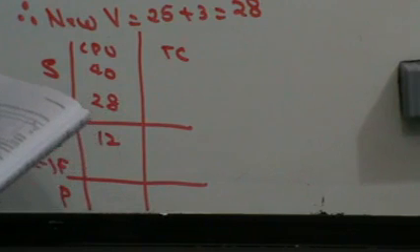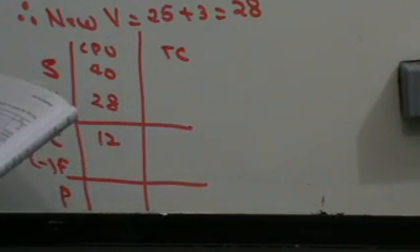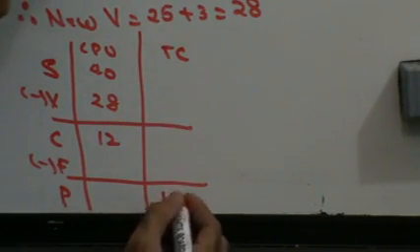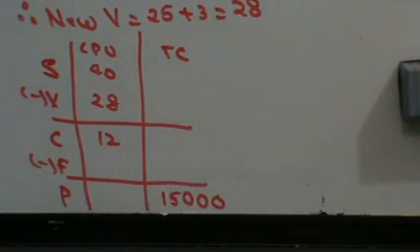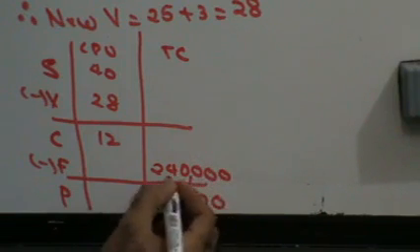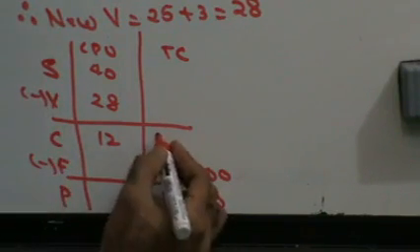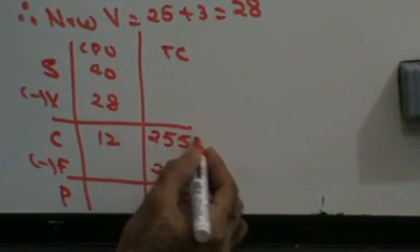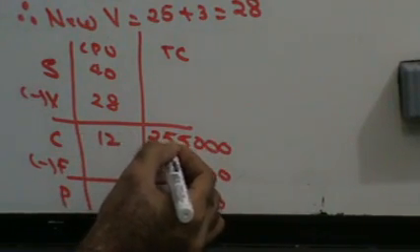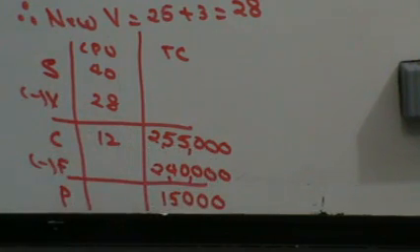Now they are saying to find out the number of units to be sold. How many units should be sold to earn a net income of 15,000? I want to earn an income of 15,000 rupees. We know that fixed cost remains the same. So fixed cost will still be 2,40,000. If fixed cost is 2,40,000, that means contribution will be 2,55,000. Now I should get 2,55,000 as contribution and the CPU is given to you as 12.